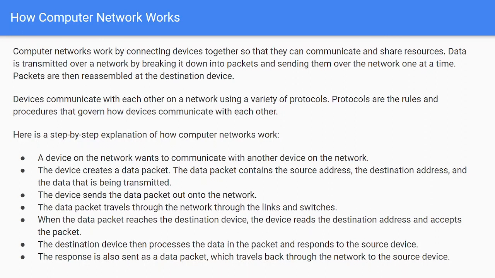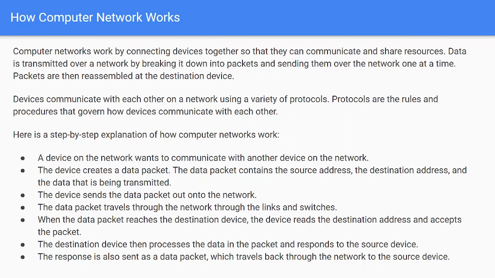So it sends the data packet over the network, and when the packet reaches the destination, the device reads the destination address to confirm that, okay, this is my destination address, and it will now accept the packet. So whatever device A sent to device D has been accepted.